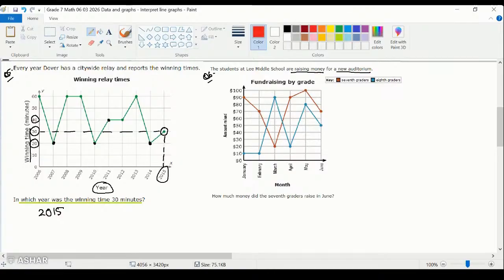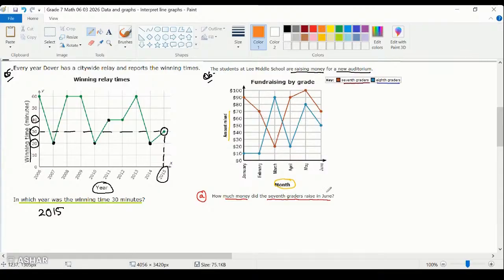The first part of the question says, how much money did the 7th graders raise in June? On the horizontal axis, the information given are the months and the amount of money raised. Brown represents the 7th graders and blue represents the 8th graders. 7th graders would mean we look at the graph made with the brown.